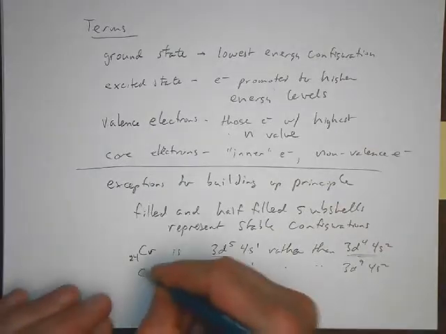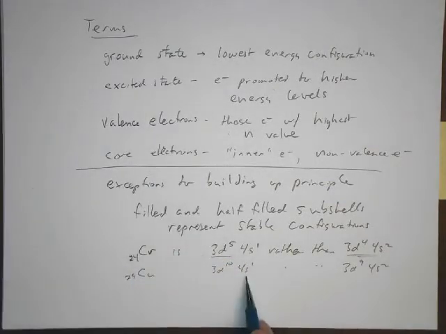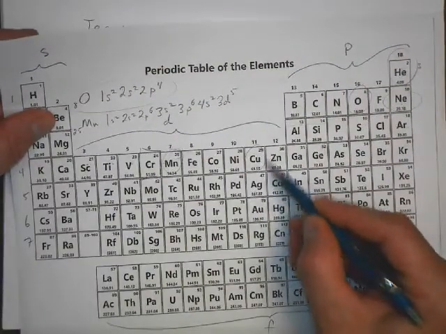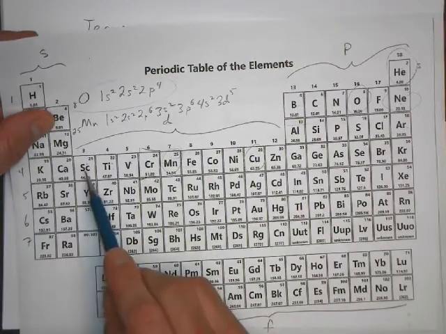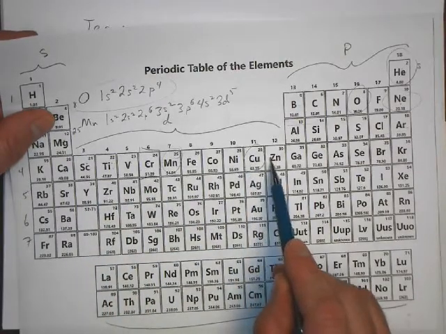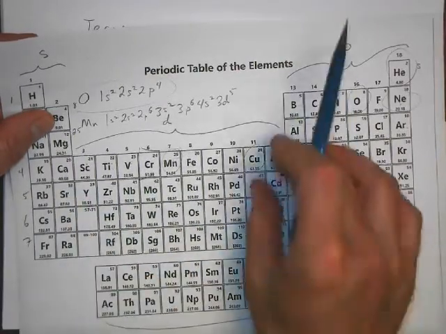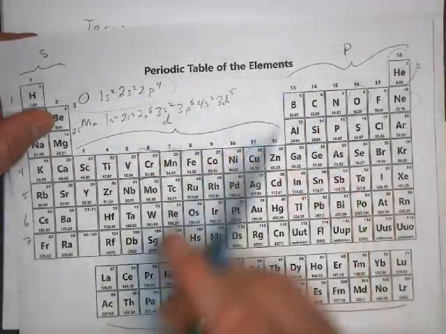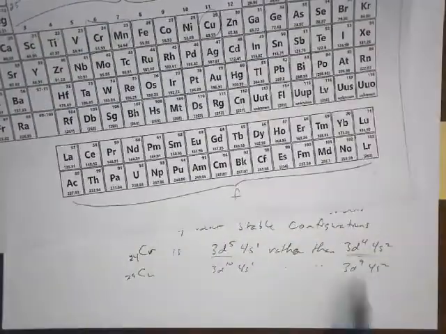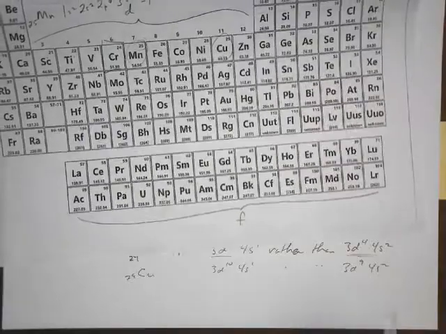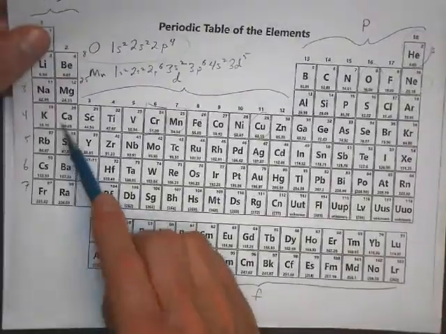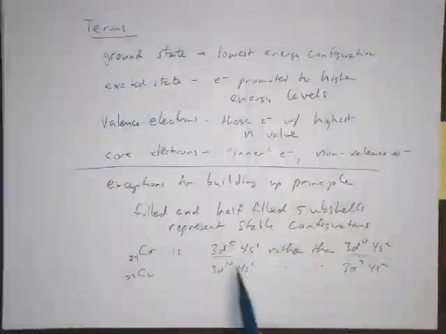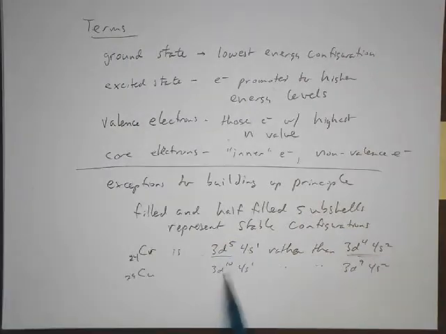Copper is here, 3d10 4s1. So the electron is taken from the 4s and put into the 3d, so then we have a filled subshell.